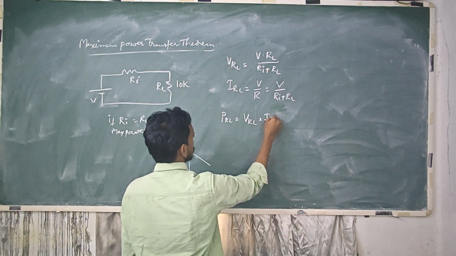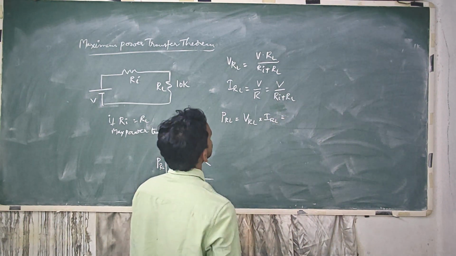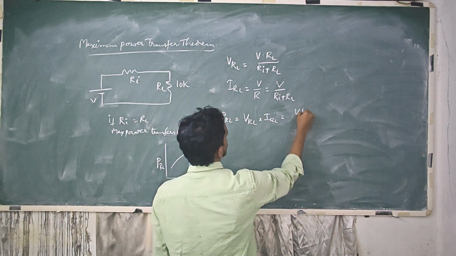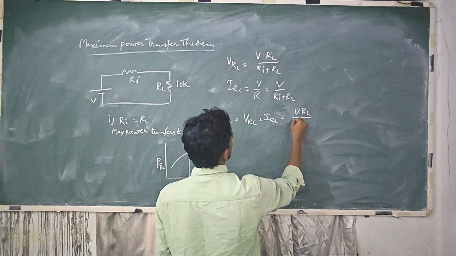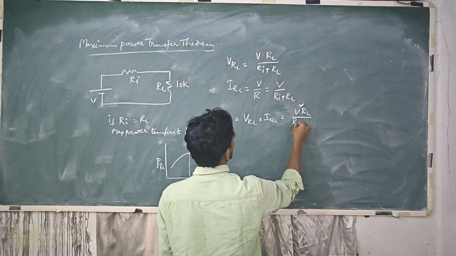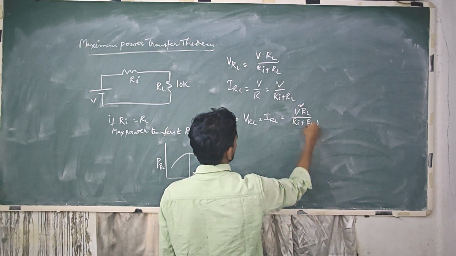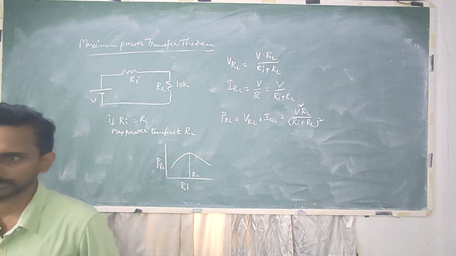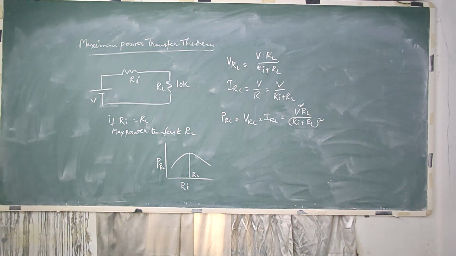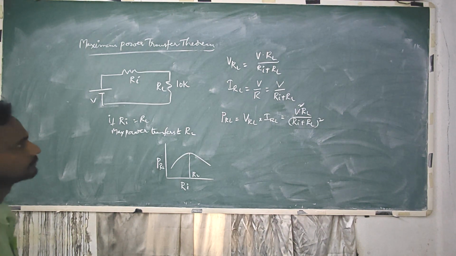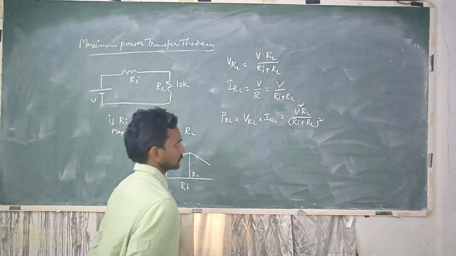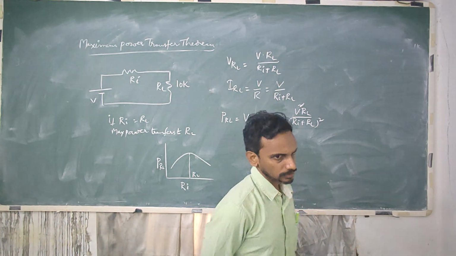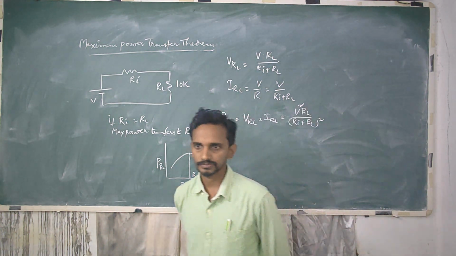PRL into IRL is what? So V times RL by, so V square RL by Ri plus RL whole square. So that is the power.